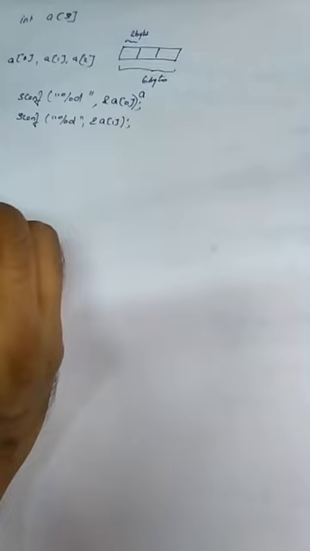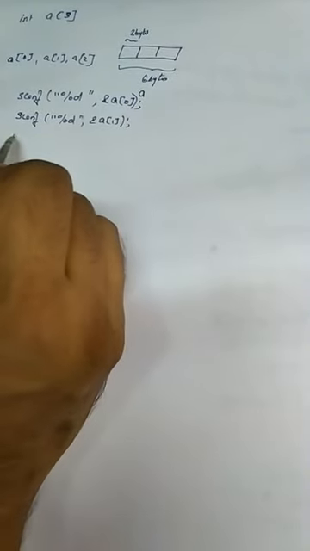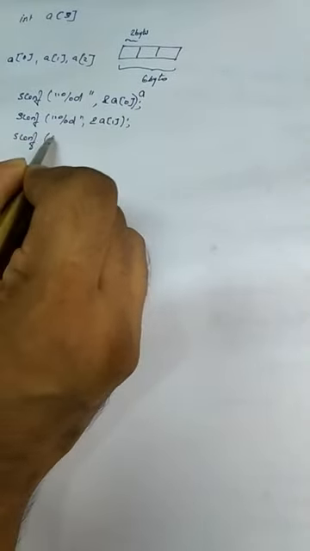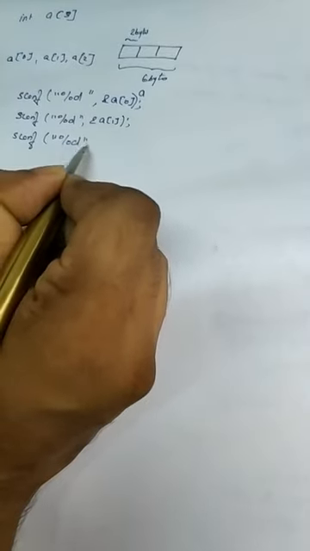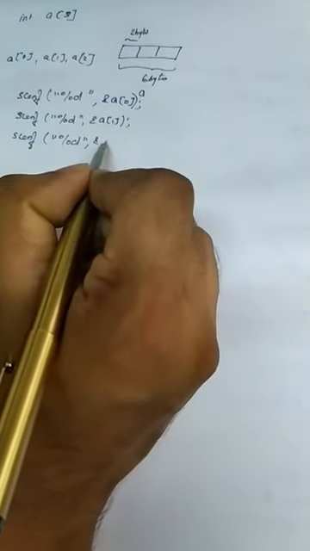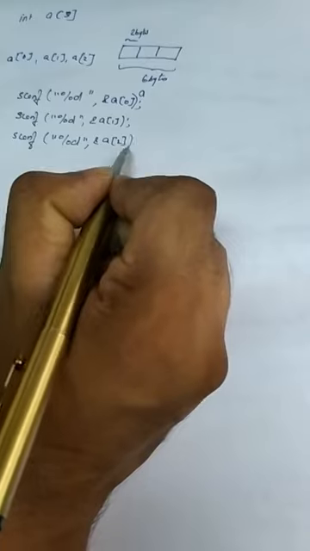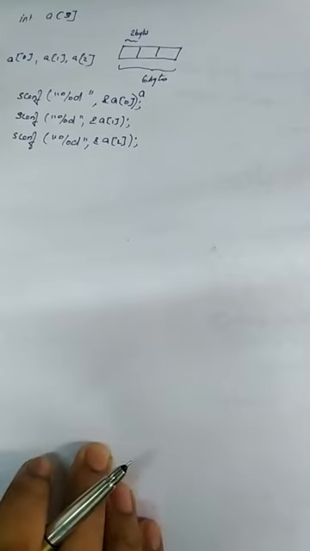And to store an element in the third position, I will be writing scanf %d address of a of 2. Okay, so this is how we will be reading elements into the array.